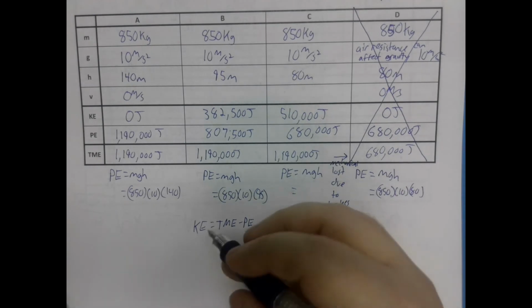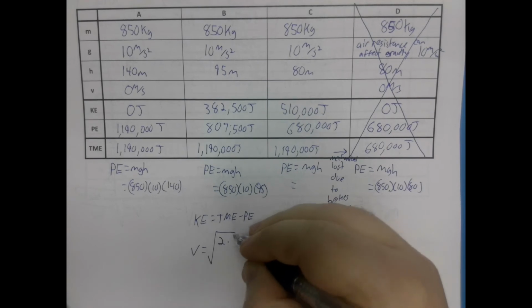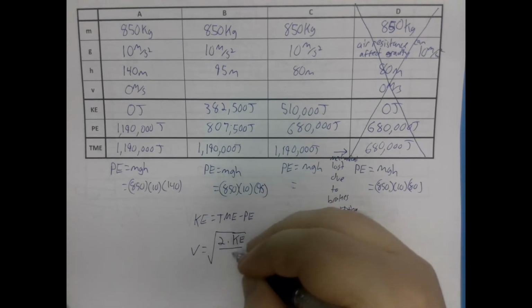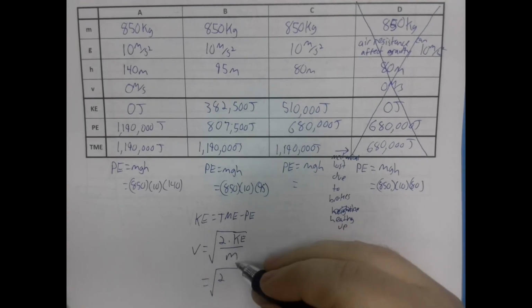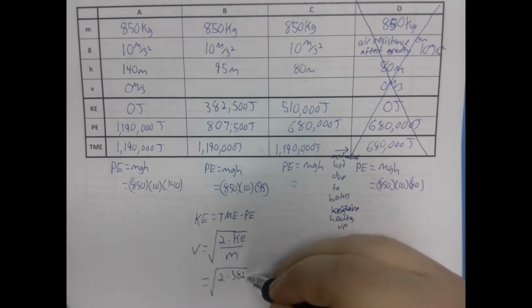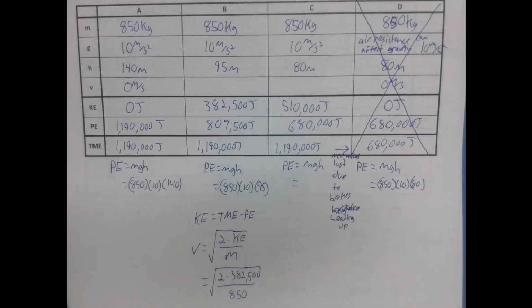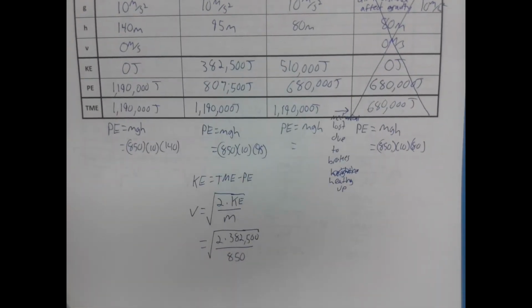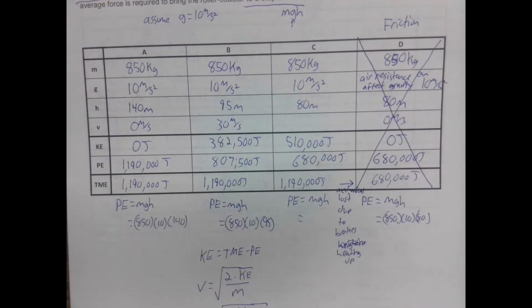Now we can solve for the velocity. The velocity is equal to the square root of 2 times the kinetic energy divided by mass. So that's 2 times 382,500 divided by the mass of 850. That gives us exactly 30 meters per second.